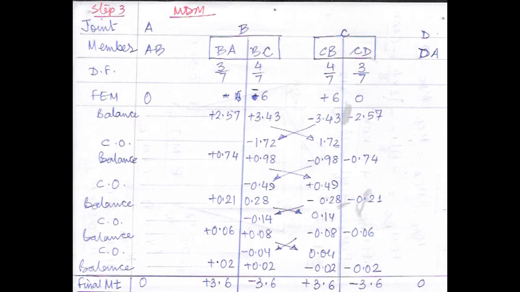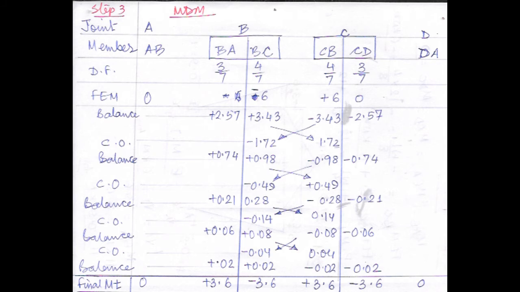Now this minus 6 value we have to distribute in both the members of the joint B. What are the members? BA and BC are the members. So this minus 6 value we have to distribute in BA and BC, but in what ratio? In the ratio of distribution factor.